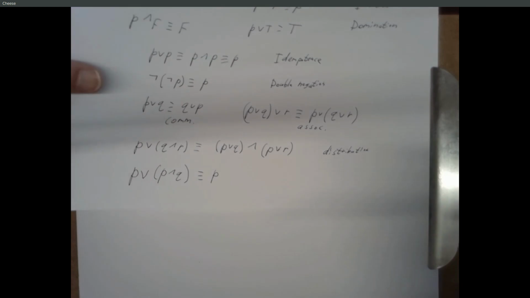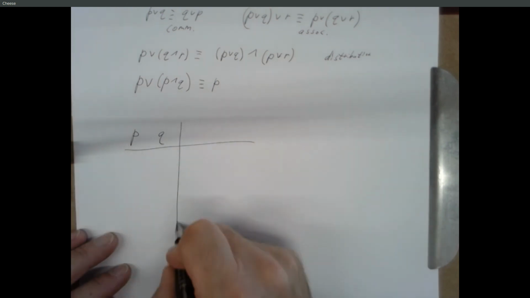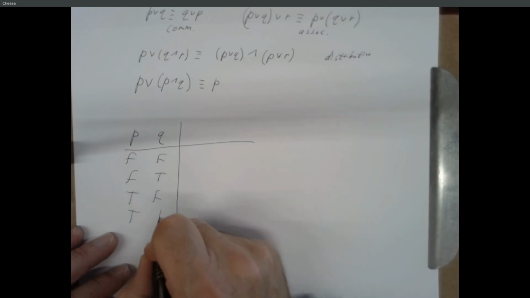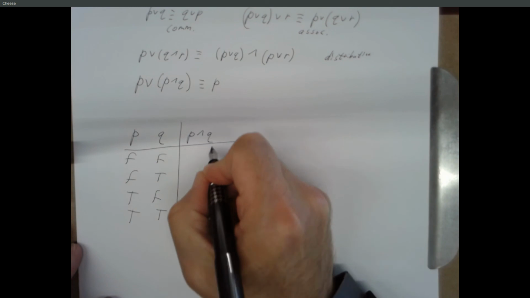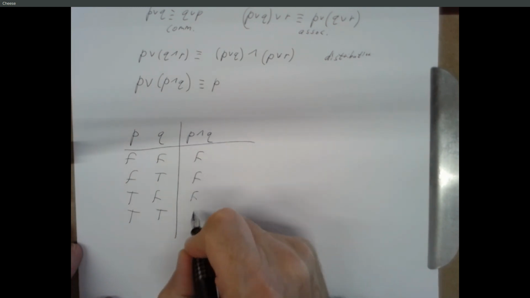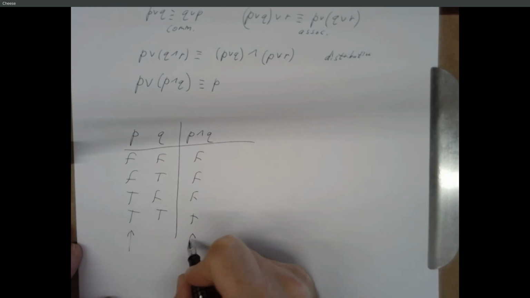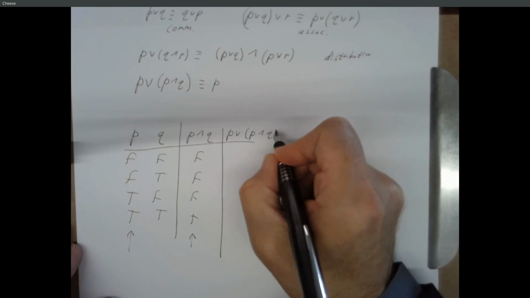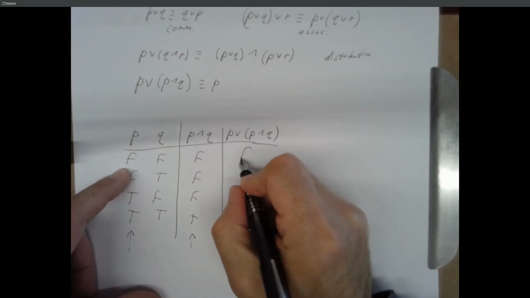But if we wanted to not wave our fingers and actually prove this, it's not too bad to do. So there's P and Q. Let's put in a column for P ANDed with Q. And now let's take this column and OR it with that column to get P ORed with P and Q. So false ORed with false is false.